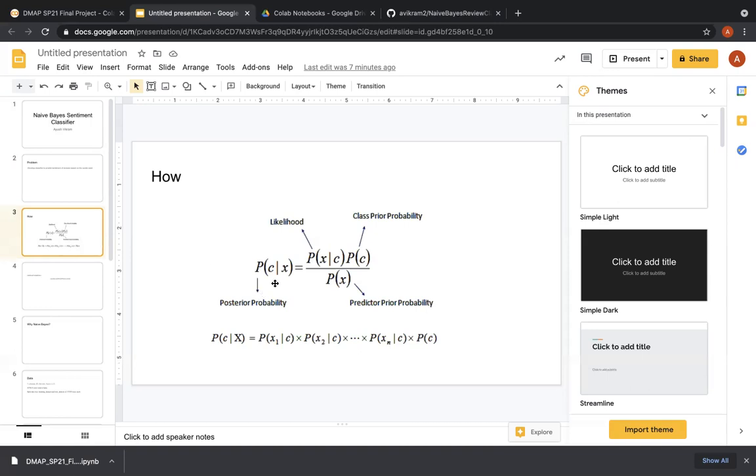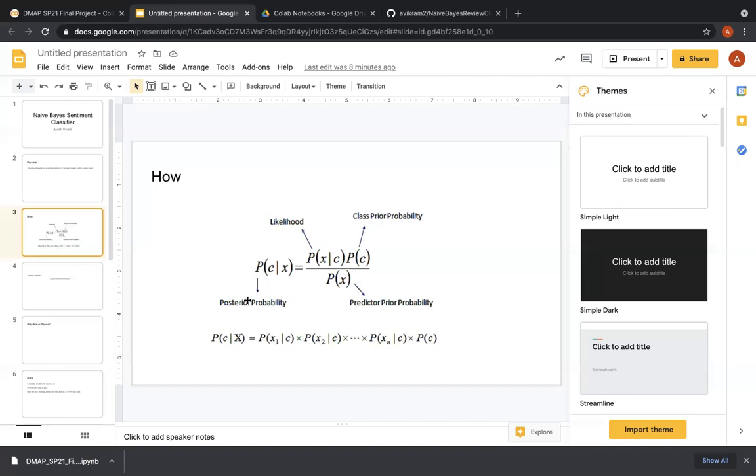As you can see in this illustration, this is essentially Bayes' theorem, and the objective of the naive Bayes classification algorithm is to calculate this posterior probability for each class.